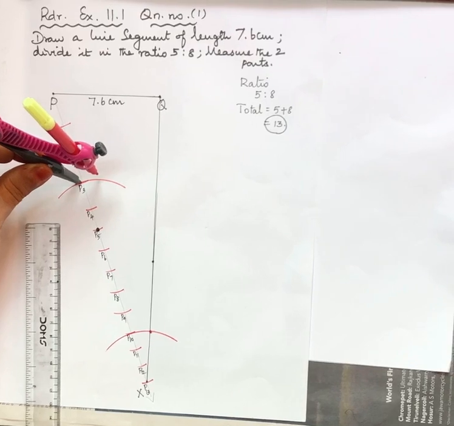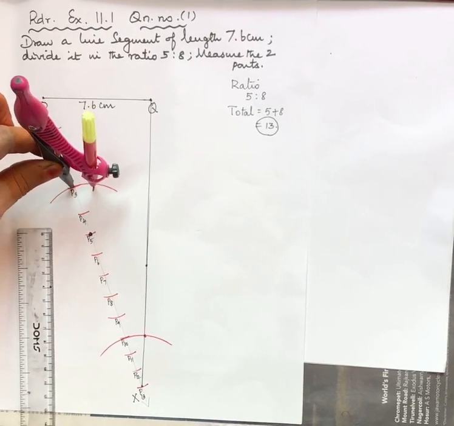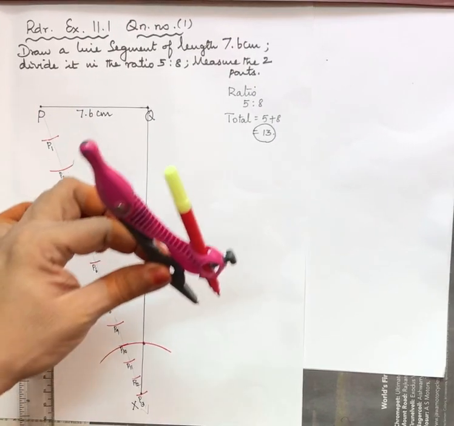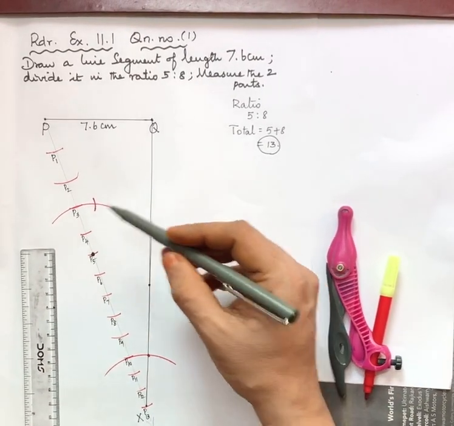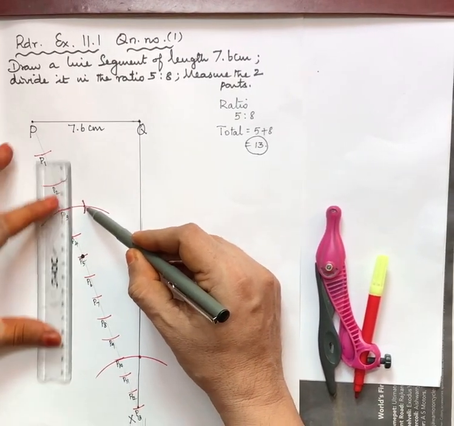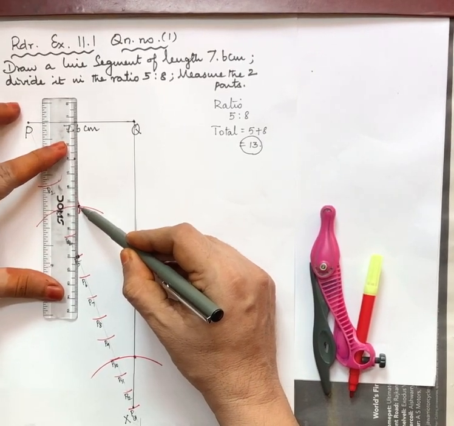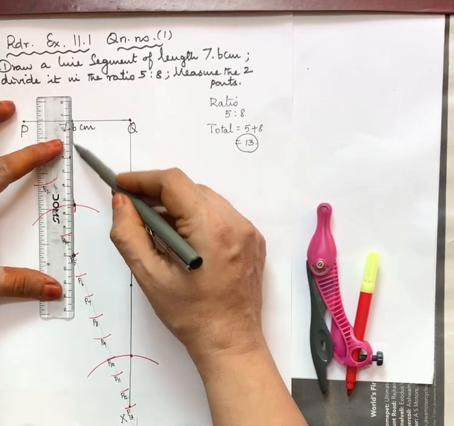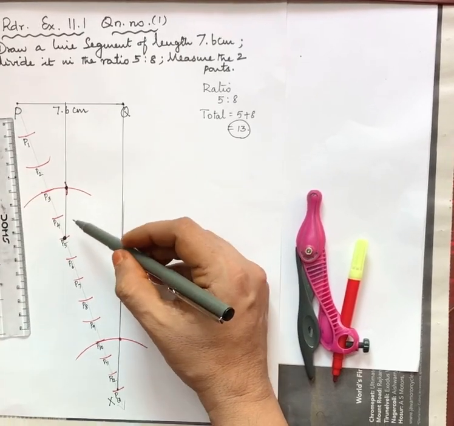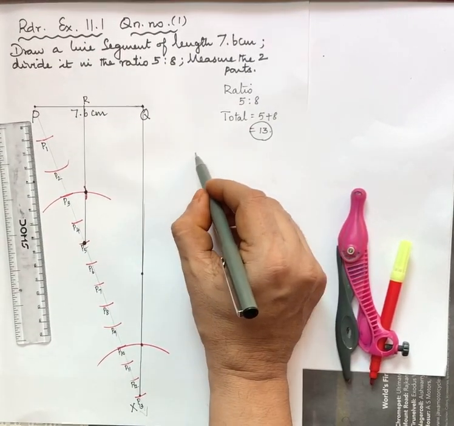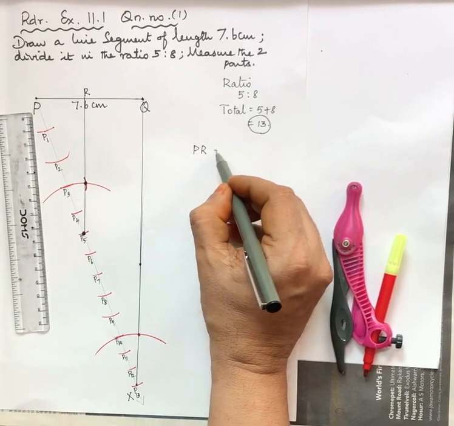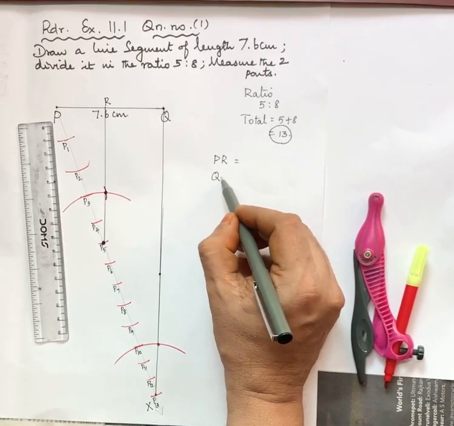So keeping the needle here, mark this way. This is the measure of the angle. Now catch hold of this point and join it with P5. Name it as R.